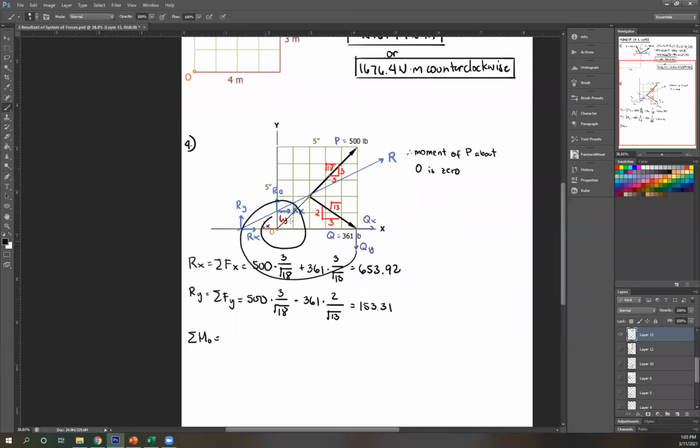So QY rotated about O, that's clockwise. Therefore, positive QY, perpendicular distance 1, 2, 3, 4, 5 inches, times 5. And QY is just 361 times 2 over square root of 13, times 5, so it's 1001.23.